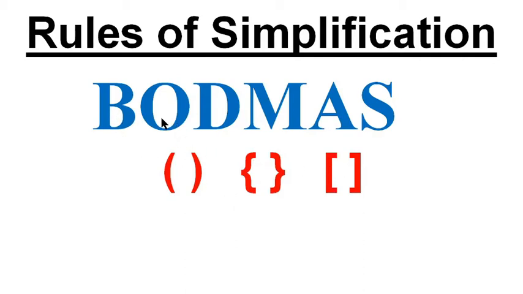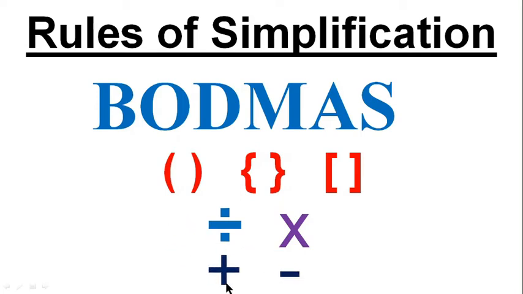O is for of. Of means multiplication in mathematics. D is for division. M is for multiplication. A is for addition and S is for subtraction. Here this symbol is for division and this symbol is for multiplication, and the rest 2 are addition and subtraction.